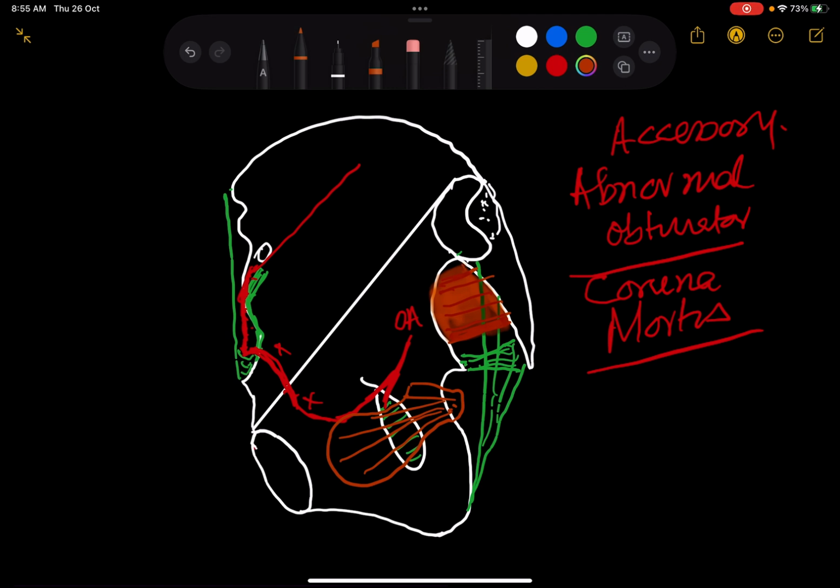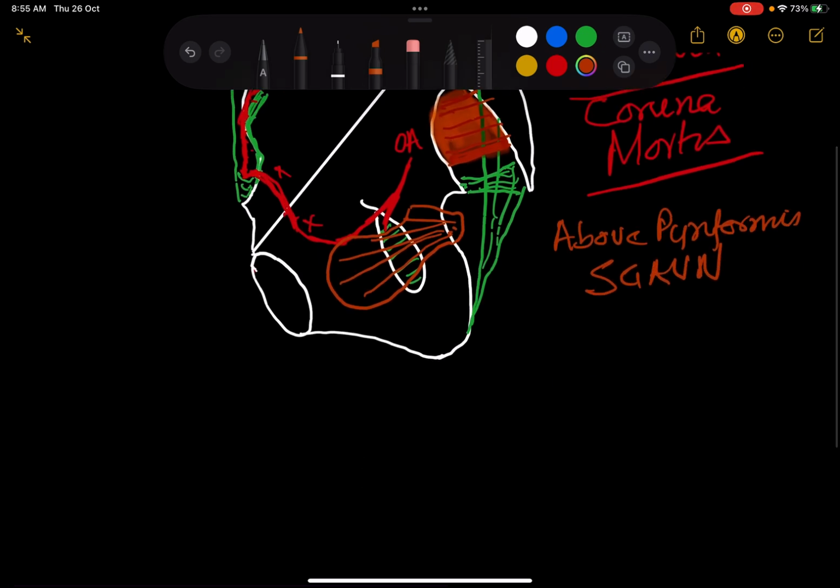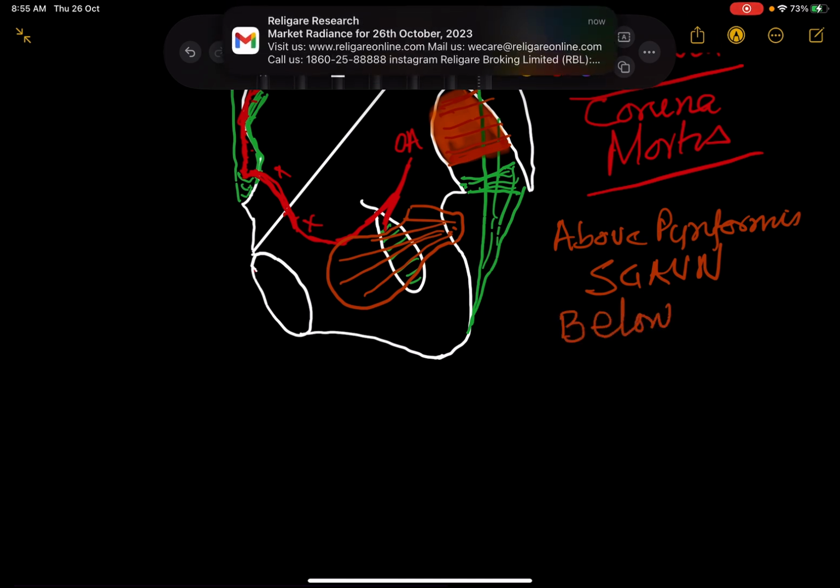Now the structures that pass through the greater sciatic notch: above the piriformis are the superior gluteal artery, vein and nerve, and below are the inferior gluteal artery, vein and nerve.